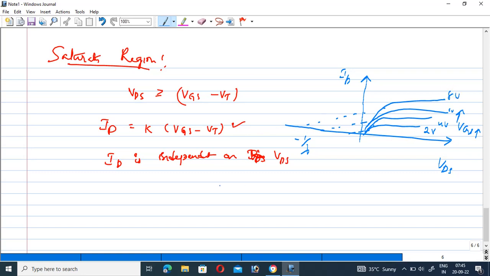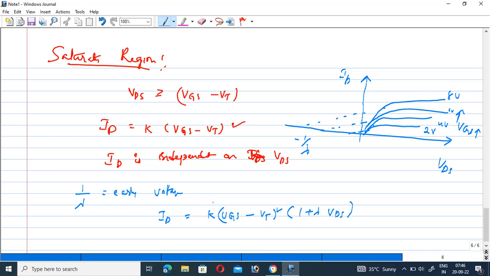This 1 by lambda is generally called the early voltage. The relation between the early voltage and drain current is ID equal to K into (VGS minus VT) square into (1 plus lambda into VDS).